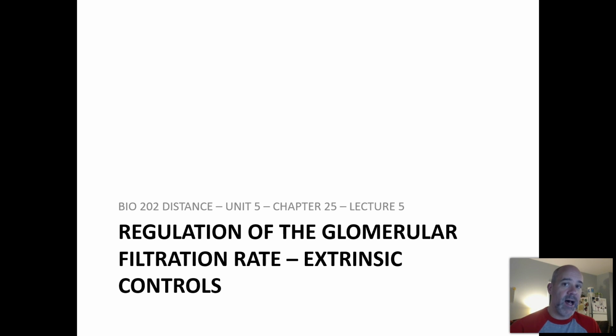Now, if you go too high or too low, the intrinsic mechanisms by themselves can't maintain proper glomerular filtration rate. So in the next video lecture, we're going to talk about the extrinsic controls. This is where your nervous system and the endocrine system get involved in helping to control glomerular filtration rate.